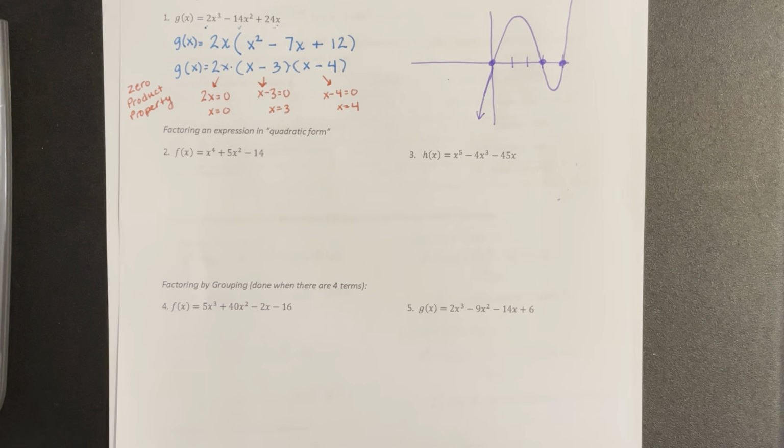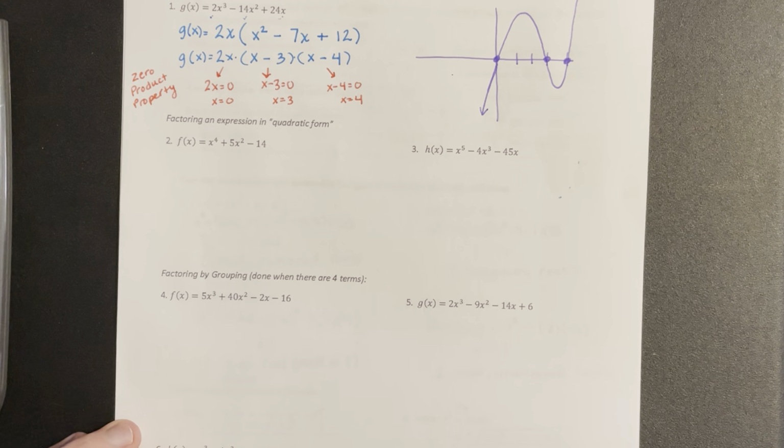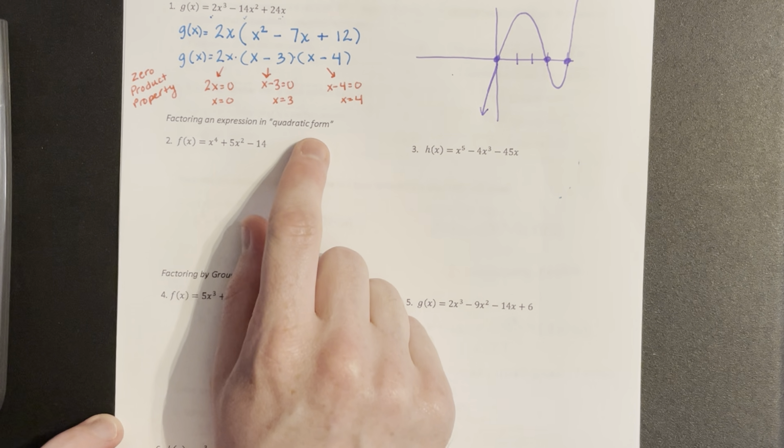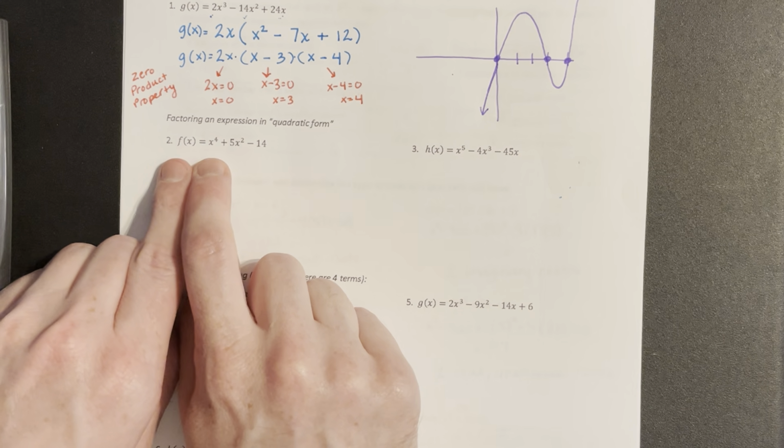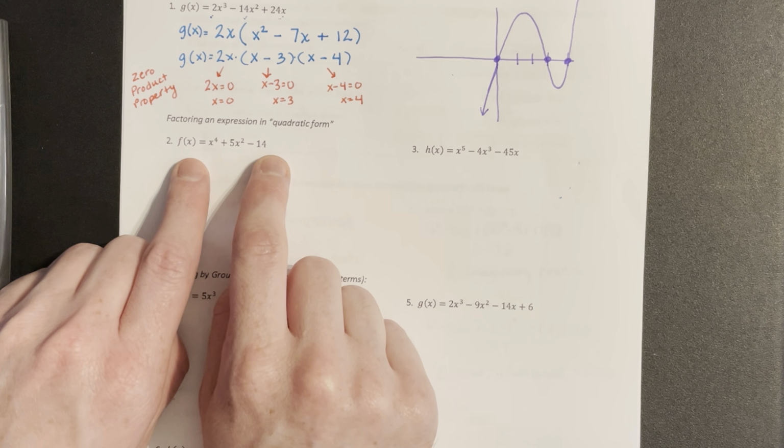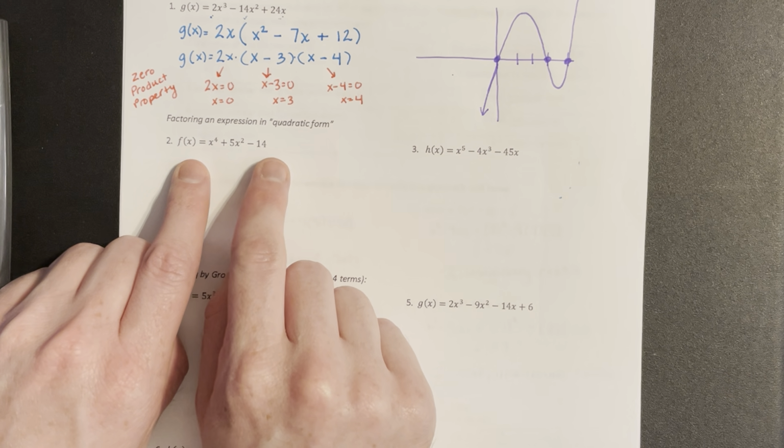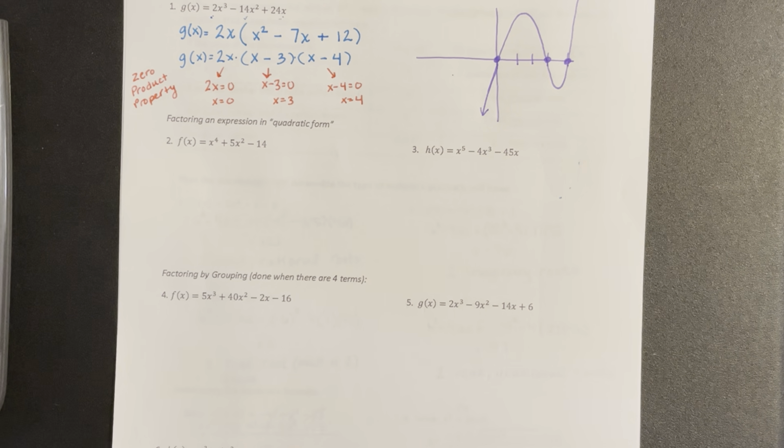All right, so number 2, we're thinking about how do we factor something that's in quadratic form. So if I look at this, this is not a quadratic because it's not just an x squared function, but it is something that's considered quadratic-like or in quadratic form.